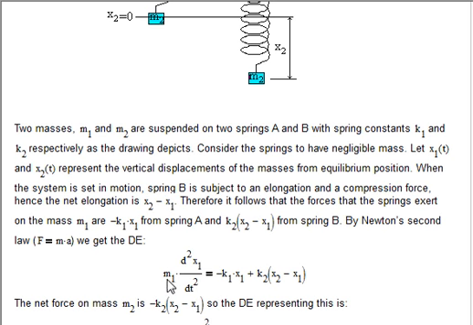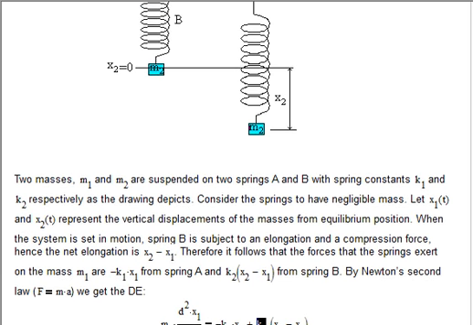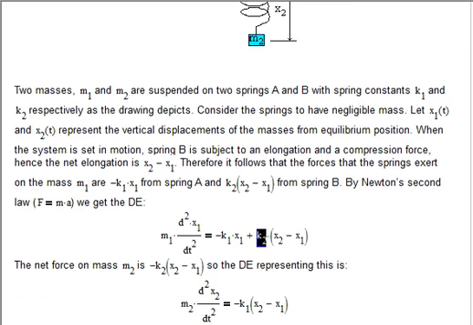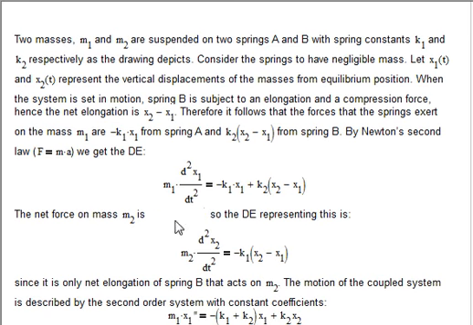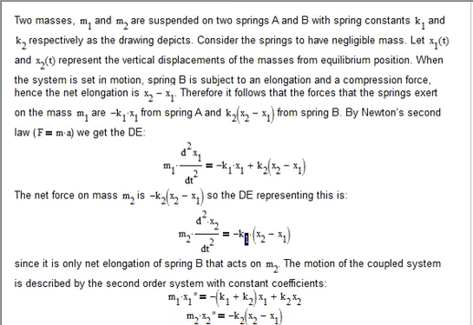Force is mass times acceleration. So there's the mass, there's the acceleration, and that's negative. That's proportional to x1, and then also proportional to the difference x2 minus x1. So the net force on mass 2 is this, and so this differential equation results.